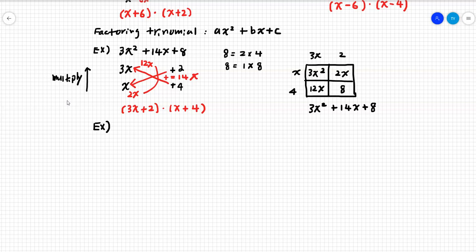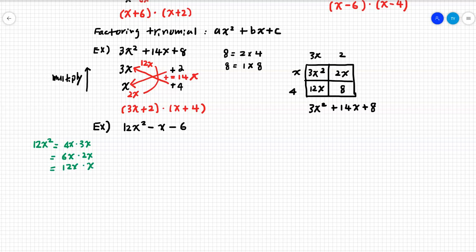So what if you have something like this? You got 12x squared minus x minus 6, right? If you look at this one now, 12x squared, we can have several ways. You can have 4x times 3x, or 6x times 2x, or 12x times x.